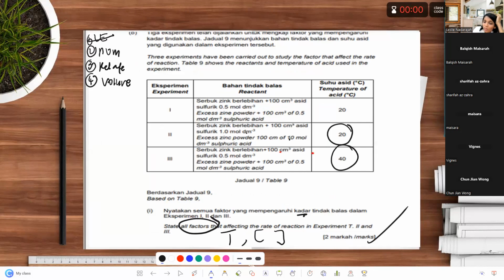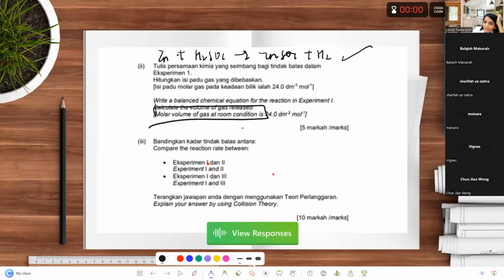The 1.0 mole here? Sorry, we are doing experiment 1, isn't it? We're doing for experiment 1. Okay, teacher gives you a few more seconds, yeah? A few more, then teacher will teach.